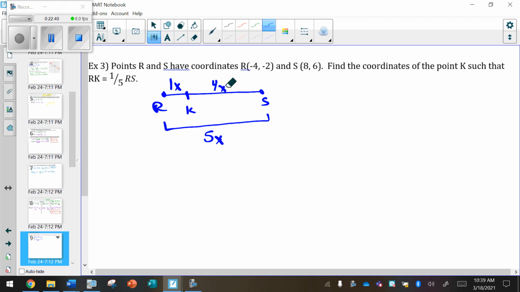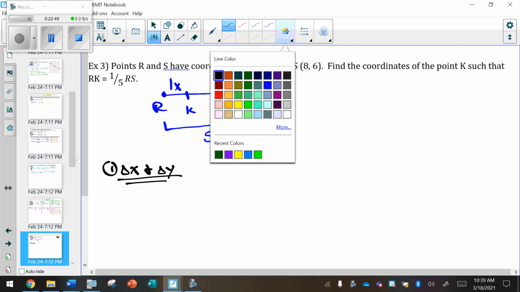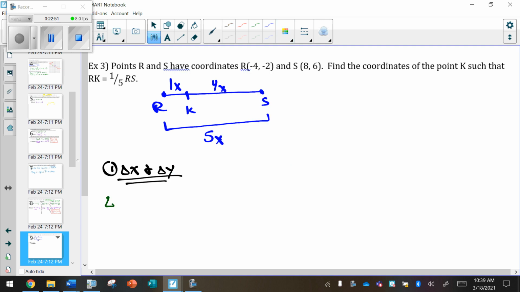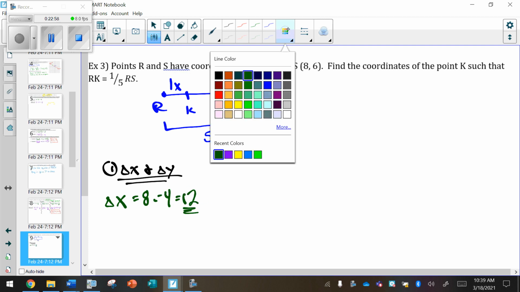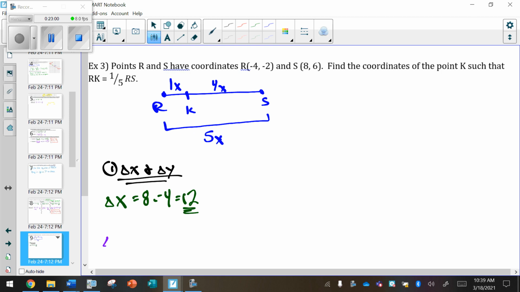Okay, so we're going to first find our change in X and change in Y. So let's do that. Then we are going to apply our scale factor, or the ratio.